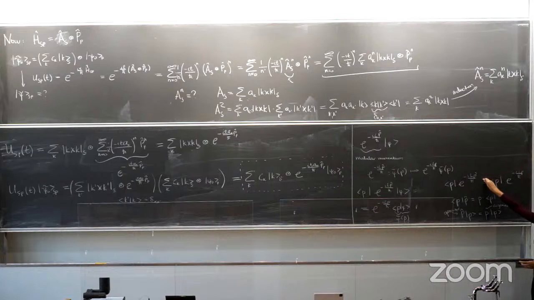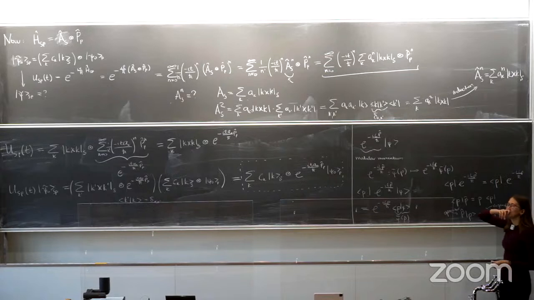It's just a p. So that was the question. No, this is not the p squared over 2m Hamiltonian. It's just the modular momentum, where some number is multiplied by p in the exponential.